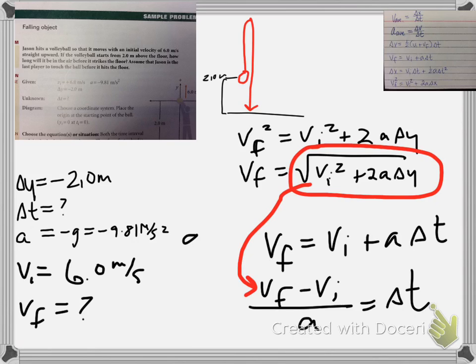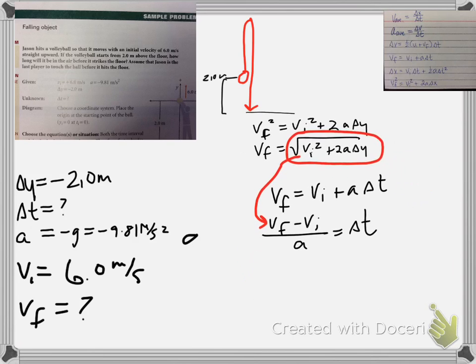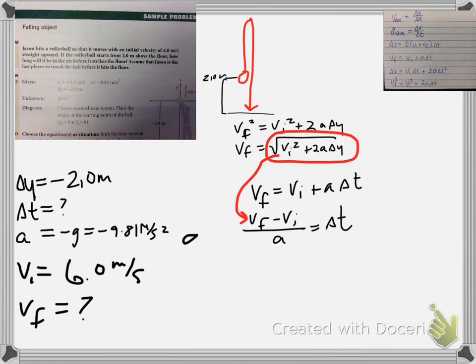And it does make the algebra a little ugly for a moment. I'm not going to be disingenuous with you. There's no way around that. But let's go ahead and actually do that. So we get the square root of VI squared plus 2a delta y.